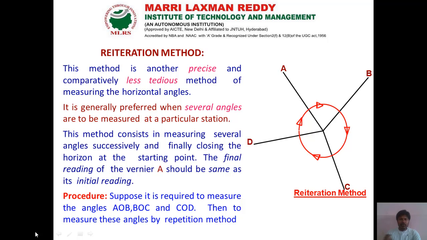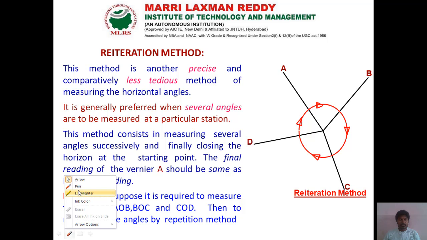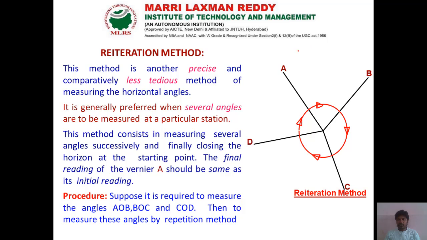Here we are going to do two operations. One is face left, where the vertical circle is placed at the left side of the observer, and we do a right side swing, that is, clockwise.